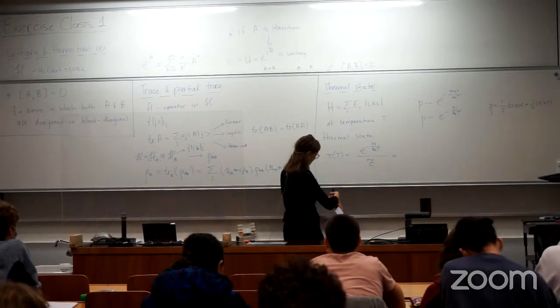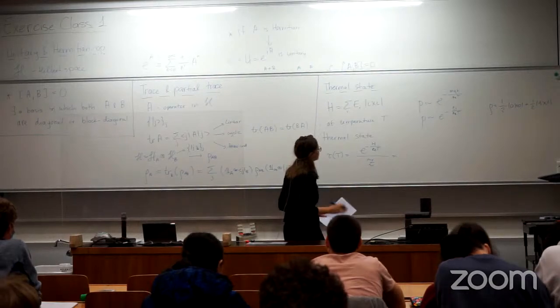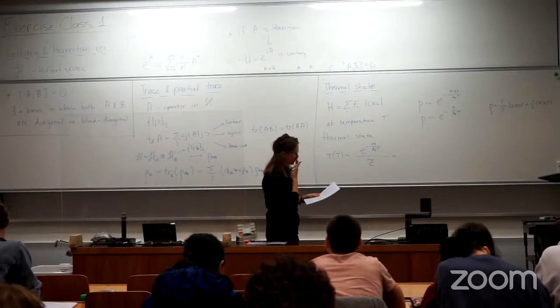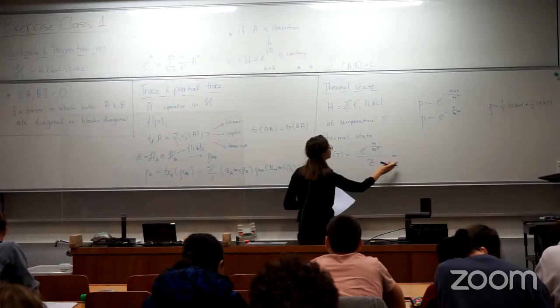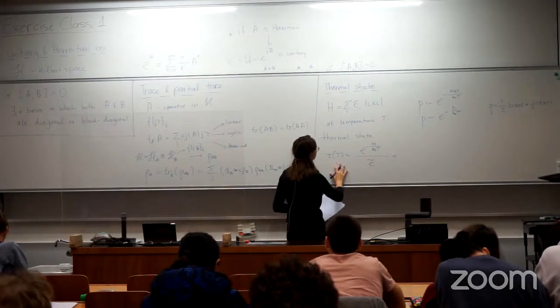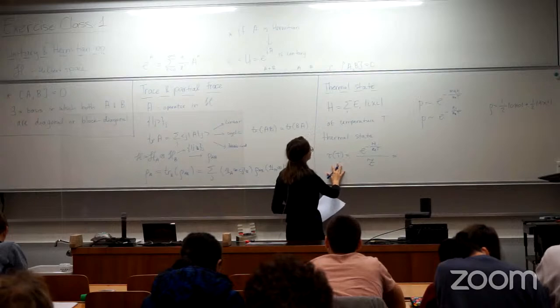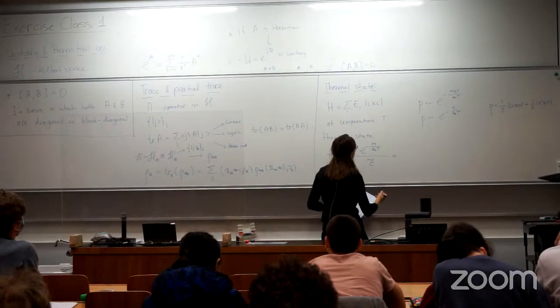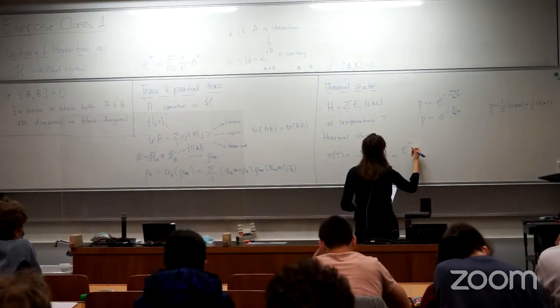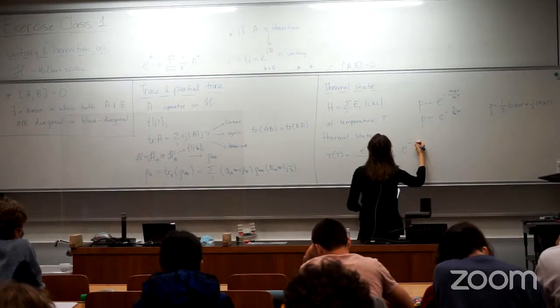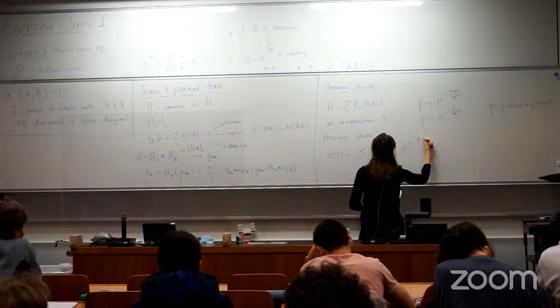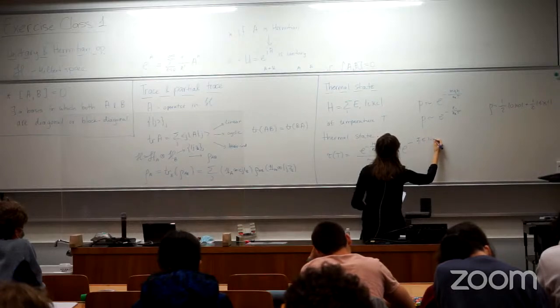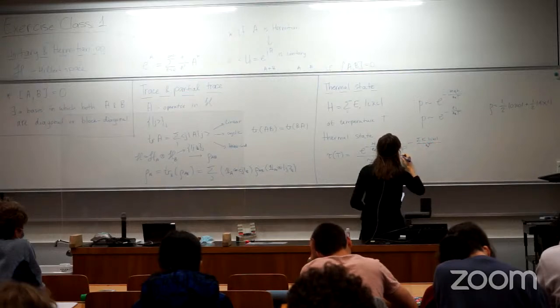Okay, very good. Now let us see what this thermal state looks like when we have this type of Hamiltonian. So basically, what we have here is e to the power minus sum over i, e_i |i><i| over k_B T, with the partition function.